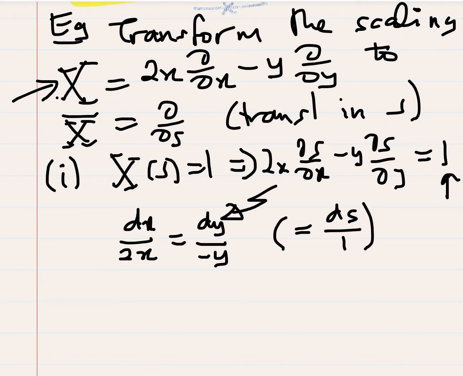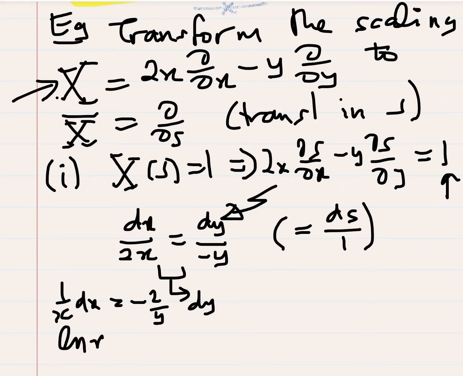Okay, so the independent invariant will come from this differential equation here. If you separate variables, it's better to take the 2 to the right hand side, so you get 1 over x dx equals minus 2 over y dy.